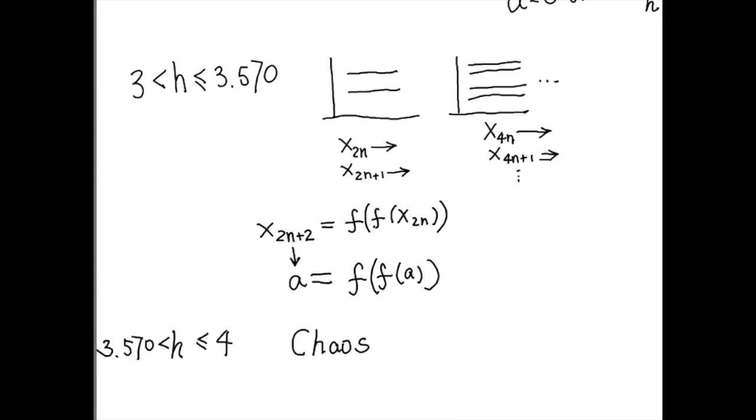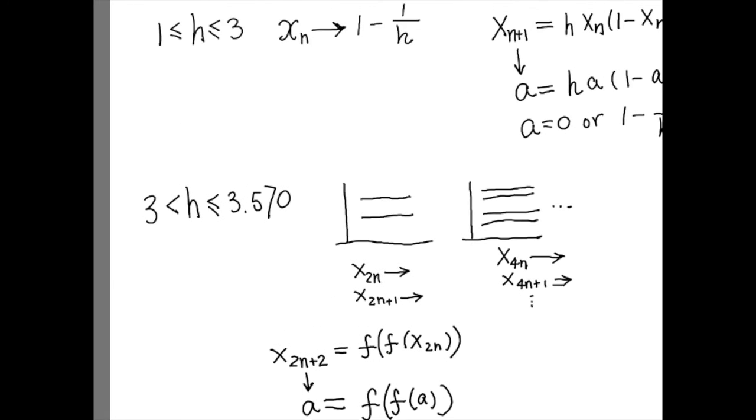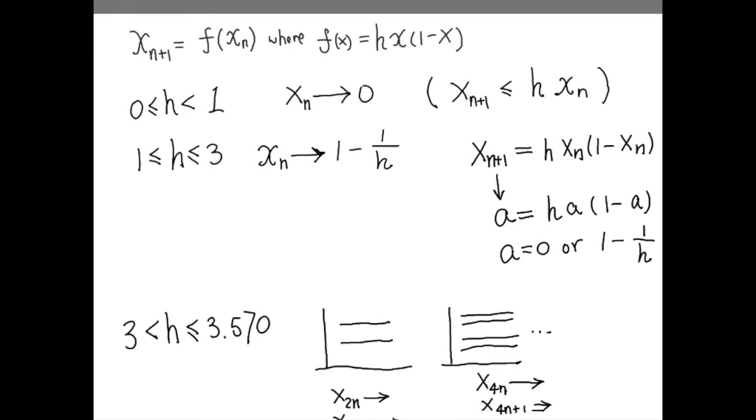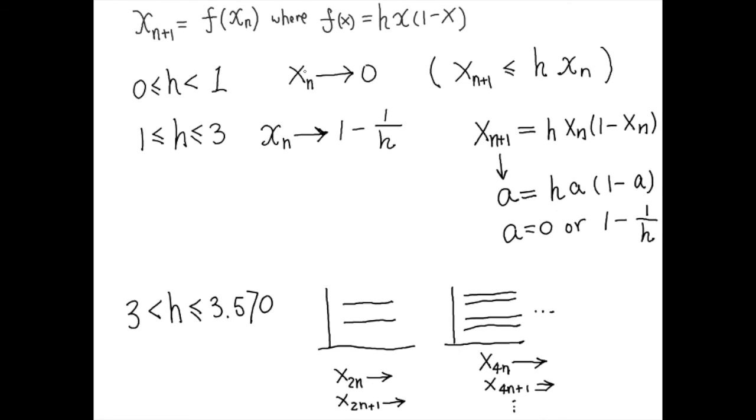That's all the cases. The point here is that with this one example of the population of flies, we think of it as a dynamic system, the population changing, and we see different cases. Sometimes we see the population stabilize to a number.